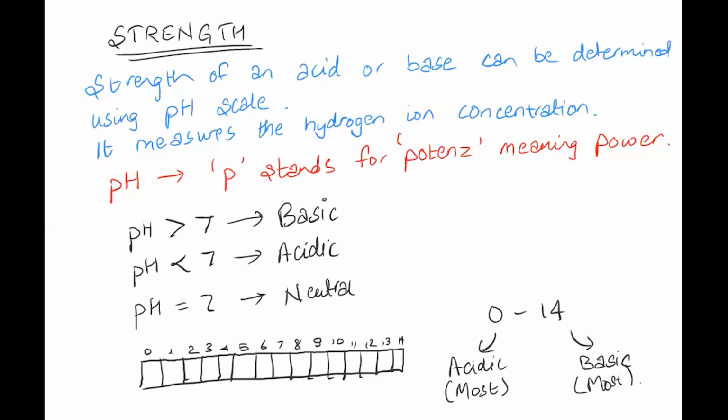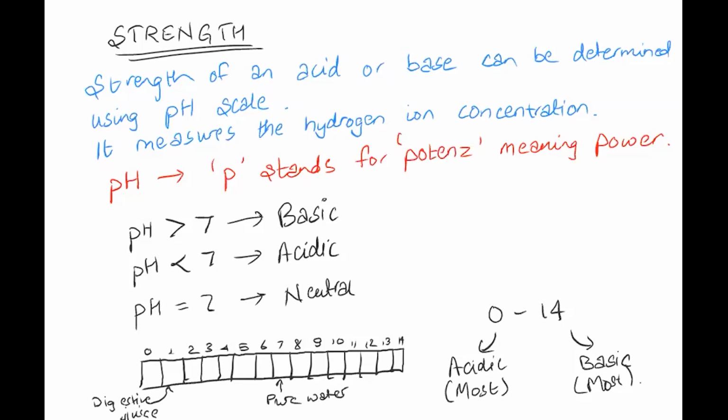Now I'll tell you the intensity. Neutral pH can be pure water; if we take pure water, it can be of pH 7. Now talking about pH 1, there is acid used in digestion, so the digestive juices are acidic in nature, which can be about pH 1.